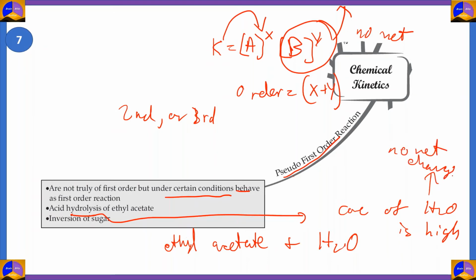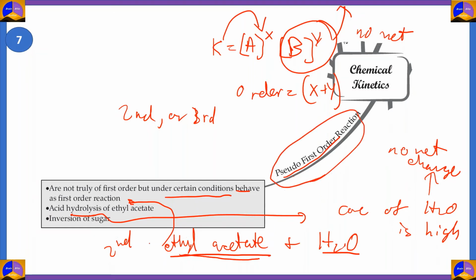Since there is no net change, the rate constant will depend only on the concentration of ethyl acetate. Although this is a second-order reaction, one that should depend on both the concentration of ethyl acetate and water, it only depends on the concentration of ethyl acetate. So it acts as a first-order reaction when it is not one. These kinds of reactions are known as pseudo first-order reactions.